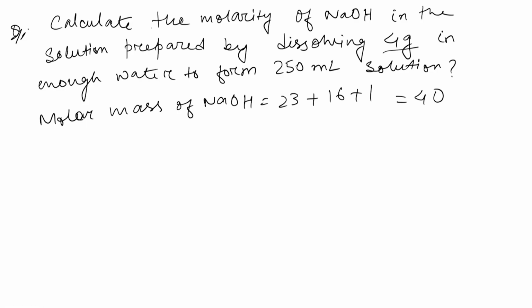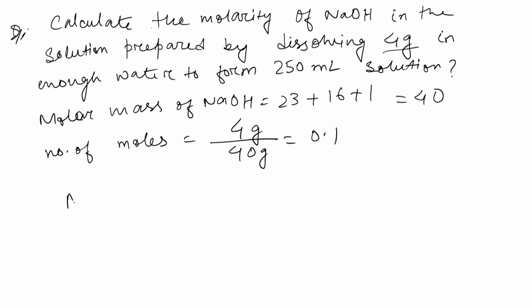So the number of moles is equal to 4 grams by 40 grams, which is 0.1. Molarity is given by the number of moles divided by the volume of the solution.